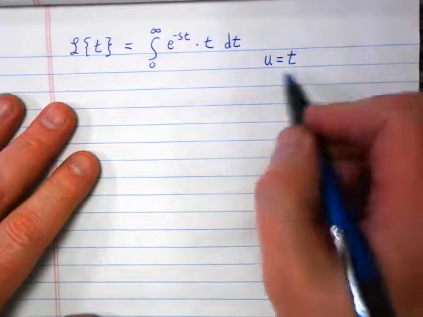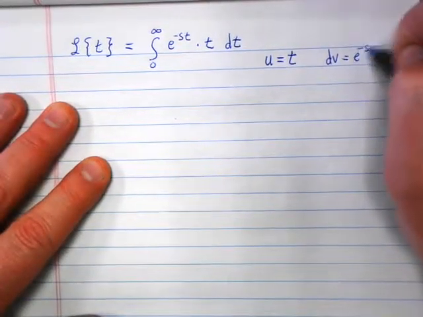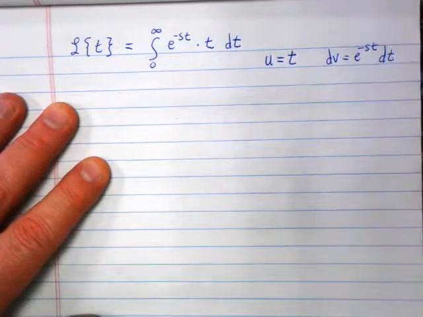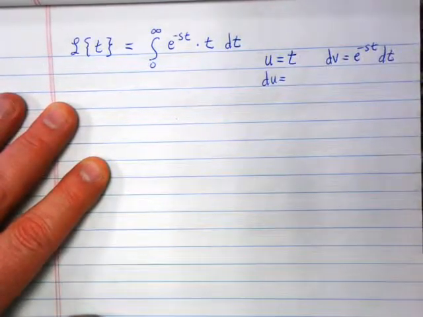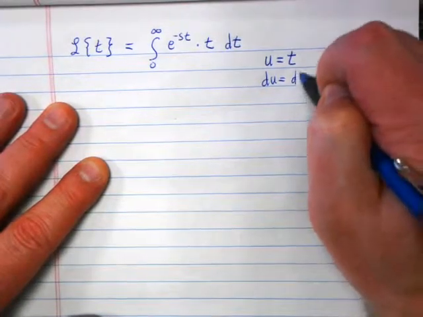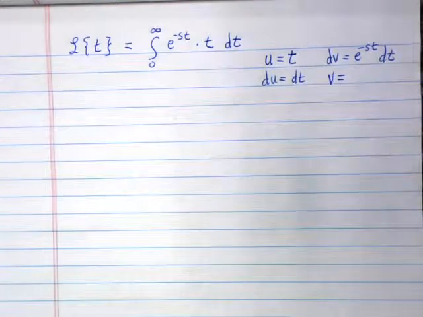All right, so u equals t. dv is e to the negative st dt, which means du is, what's the derivative of t? 1 dt. And v is, we integrate, what's the integral of e to the negative st?